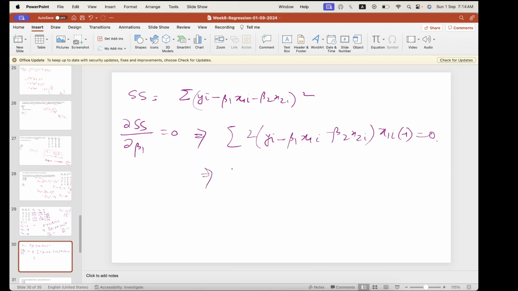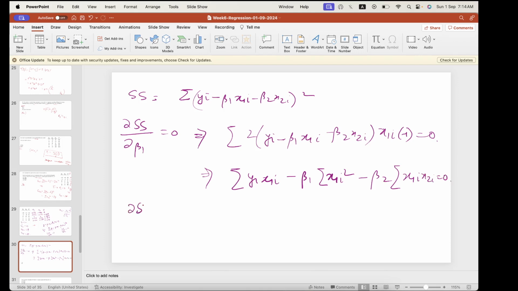So we can write it like summation yi x1i minus beta 1 summation x1i square minus beta 2 summation x1i x2i equal to 0.